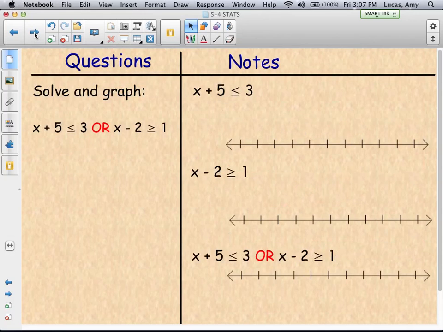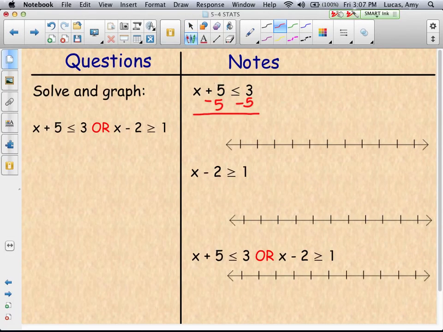Now we need to solve and graph and figure out what kind of solution we get. So we have 2 more examples where we're solving. So this one, I've got -2. And the second one, I get +3.